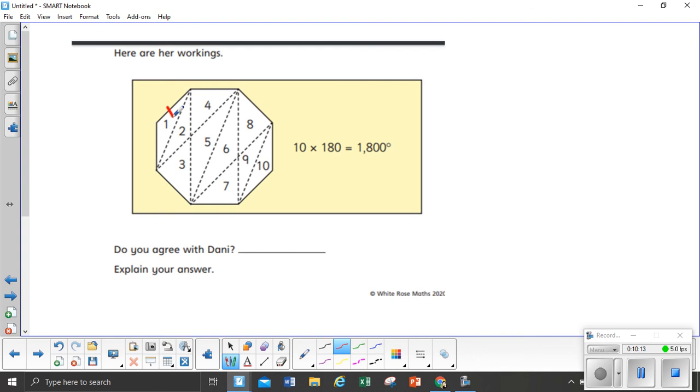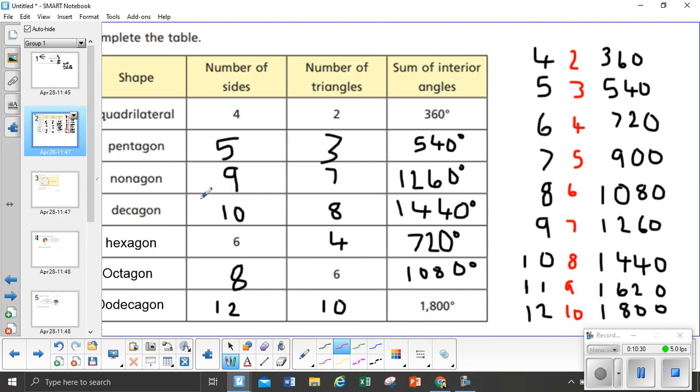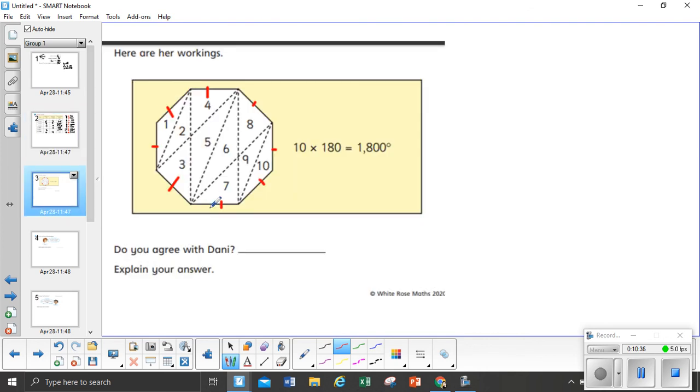So I've got 1, 2, 3, 4, 5, 6, 7, 8. So we've got an 8-sided shape. If we look at our chart, we've said an octagon, an 8-sided shape, has 6 triangles. Now Danny's got triangles going all over the place on this one.